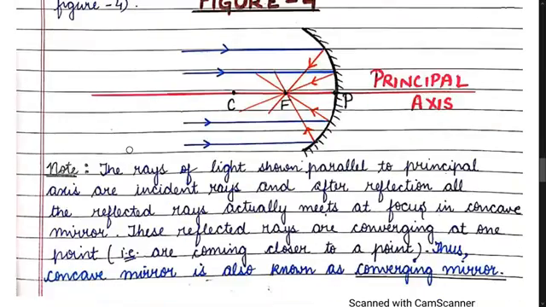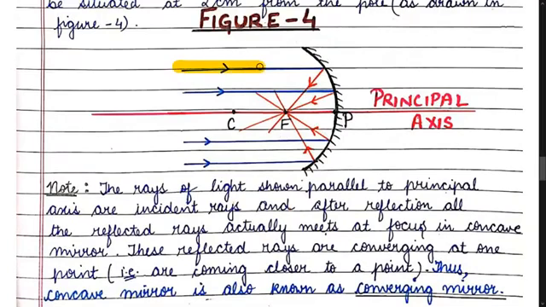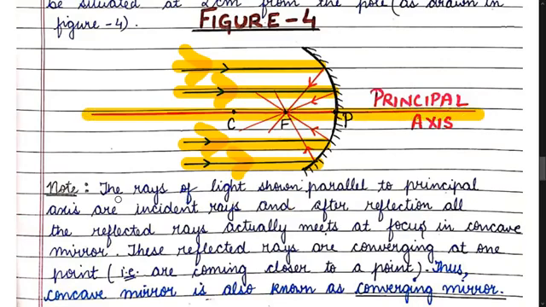In figure number 4, the rays which are going towards the concave mirror are known as incident rays. See the arrows, they are going towards the spherical concave mirror. All these incident rays are parallel to the principal axis.